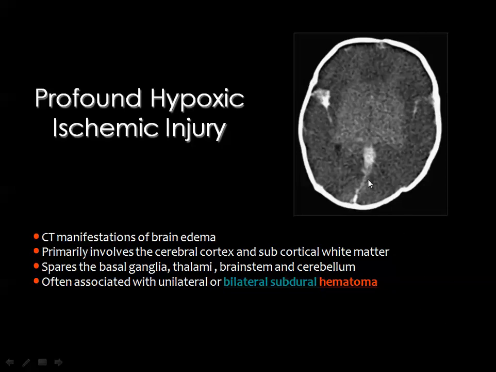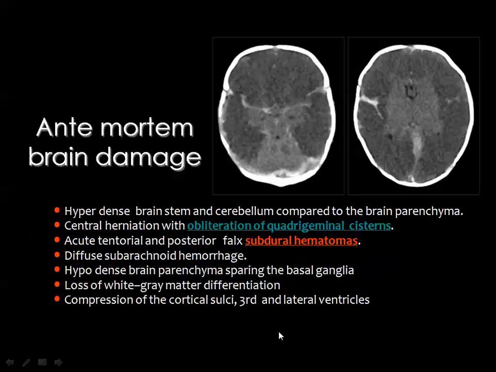And this hemorrhage is actually not secondary to trauma, as was suspected to be in difficult deliveries or so, but this hemorrhage is due to ischemia of the vessel wall, and this ischemia will result in damage of the vessel wall, resulting in hemorrhage.